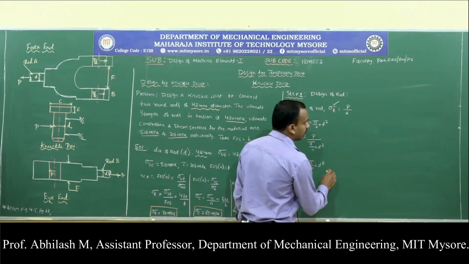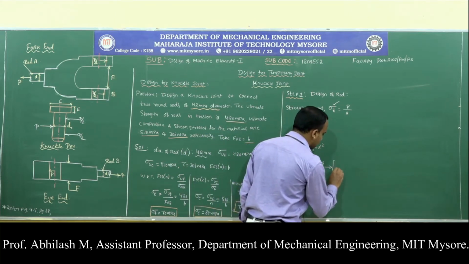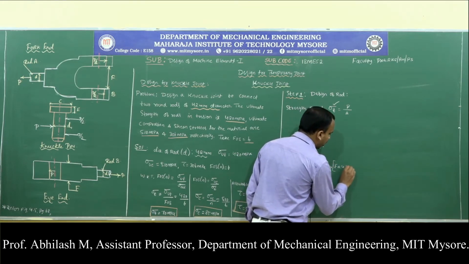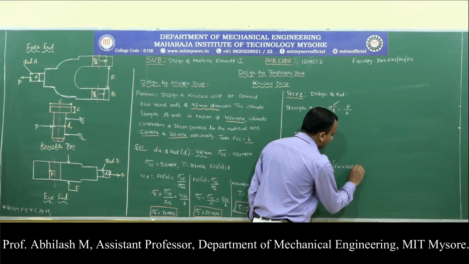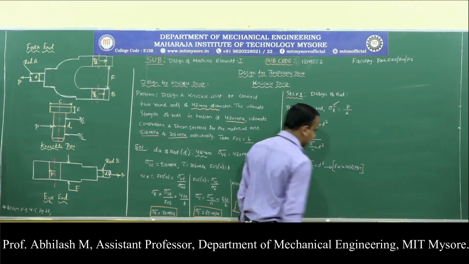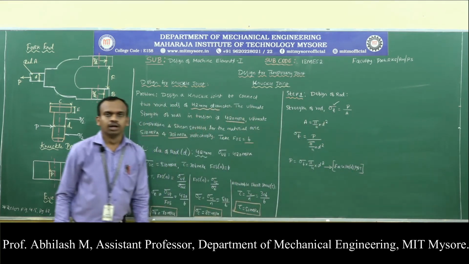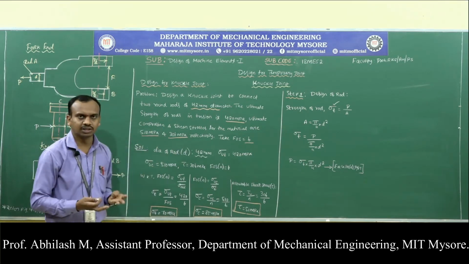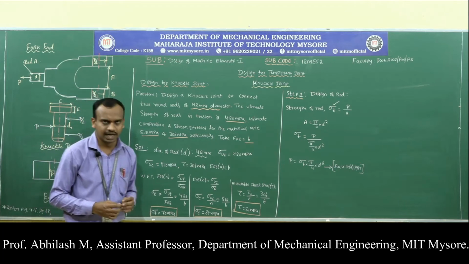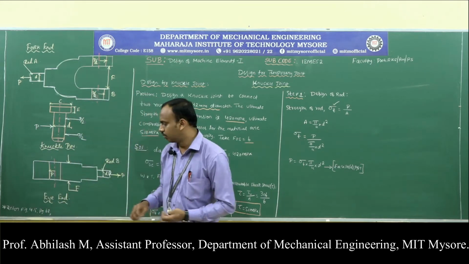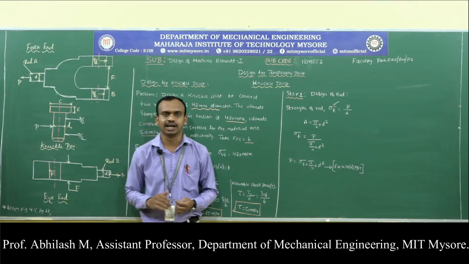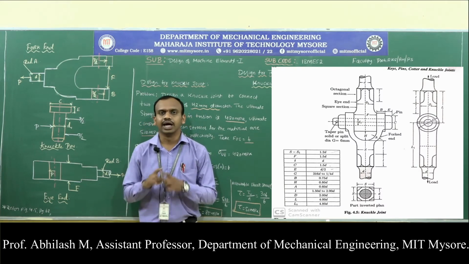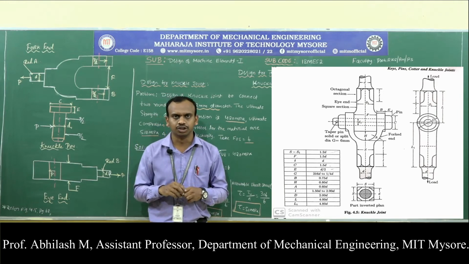So this equation is readily available in the data handbook, under equation 4.19a, page number 67. If you get confused in the problem about how to begin, just go to the design data handbook, page numbers 67 and 68. Under page number 68, we have the entire sketch of the knuckle joint.